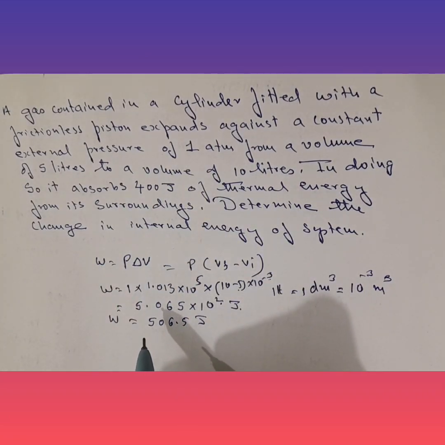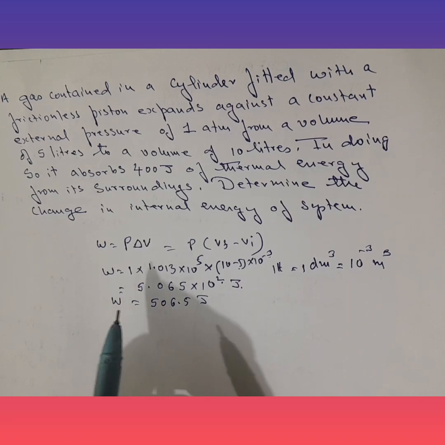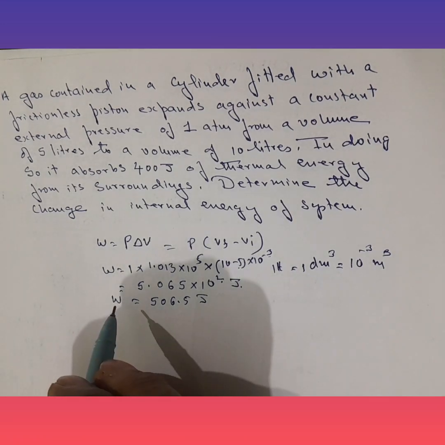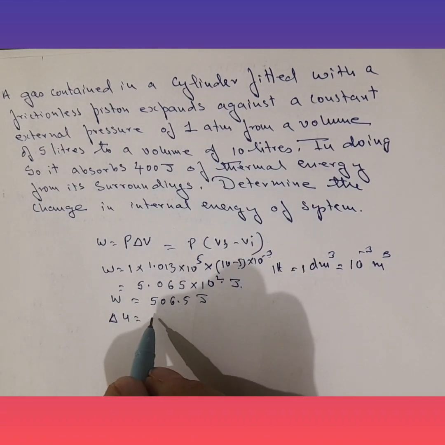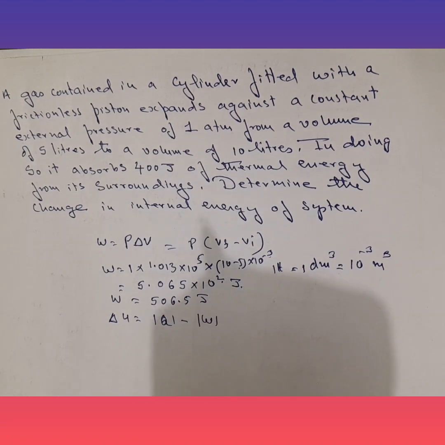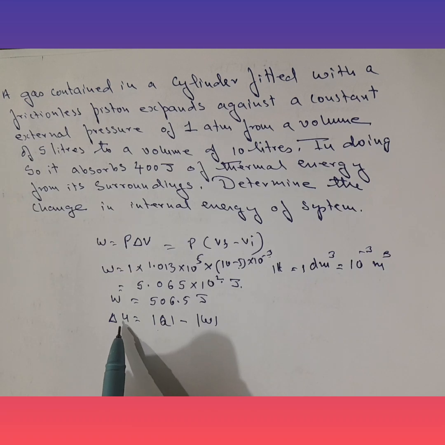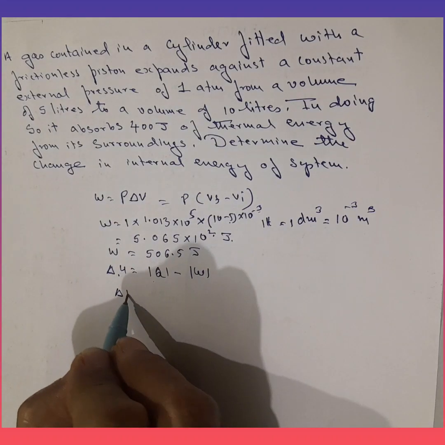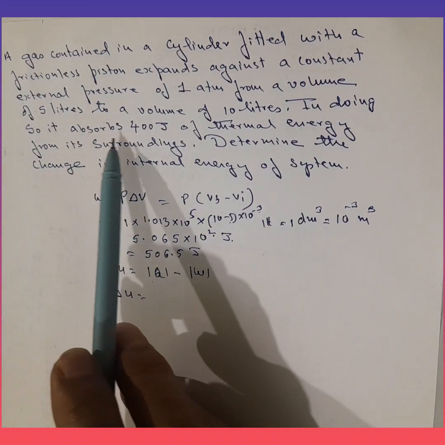Now the next part is, what we have got to apply is first law of thermodynamics, which says del U is equal to Q minus W. Now the magnitude of Q minus magnitude of W, that is what is change in internal energy. So del U would be Q absorbed.